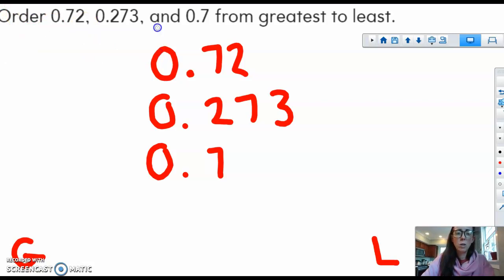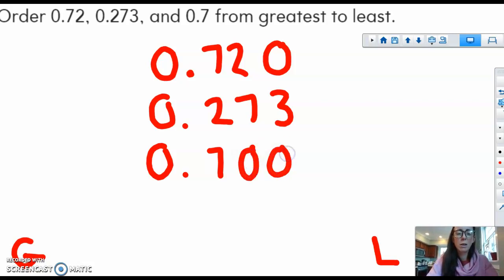I made sure to line up my ones and all my tenths, and I noticed that 2 of these decimals don't have the same number of digits. So I'm going to fill these empty places with zeros. We know that zeros at the end, the right-hand side of a decimal, do not impact the value of that decimal. So I can do that, and it's going to help me compare.